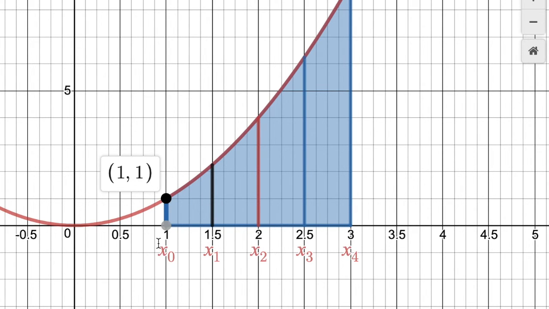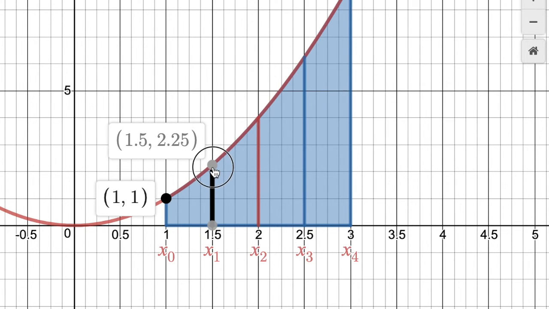L4 means I'm going to use x sub 0 as my first height, so my first rectangle would run right across here. This will be a lower sum, I can already tell. Then my next rectangle, this is its height, actually it's 2.25, and it's going to run straight across here until I hit this one.